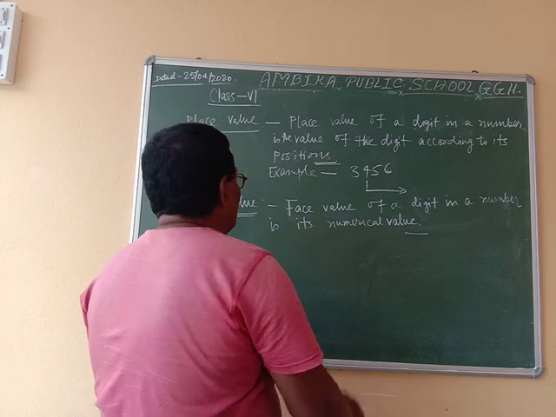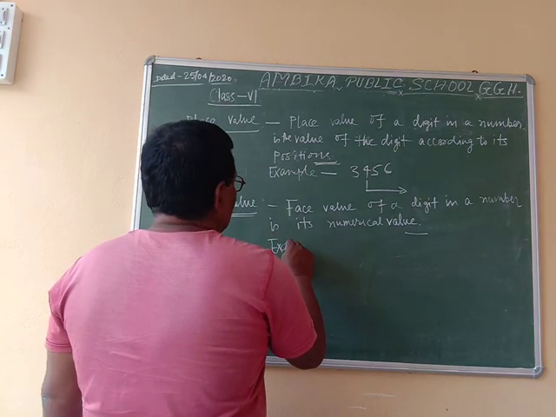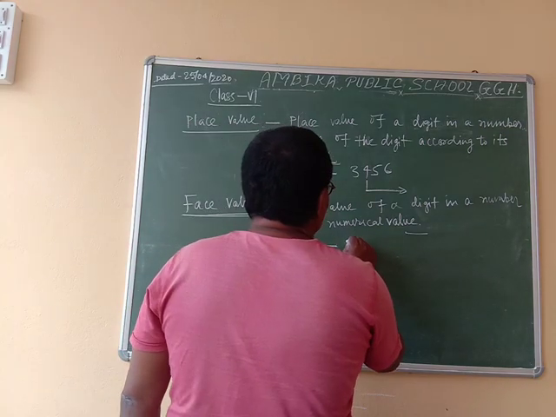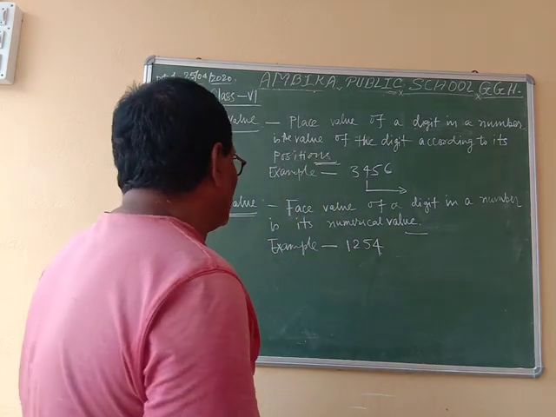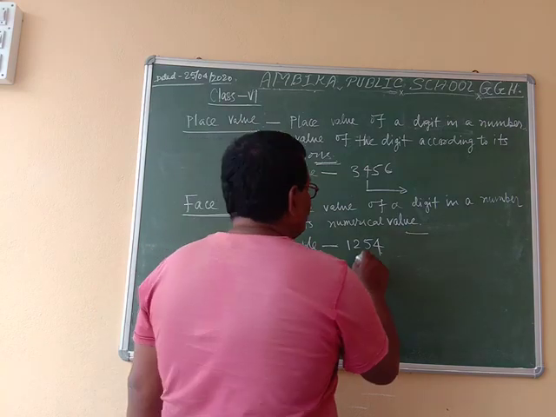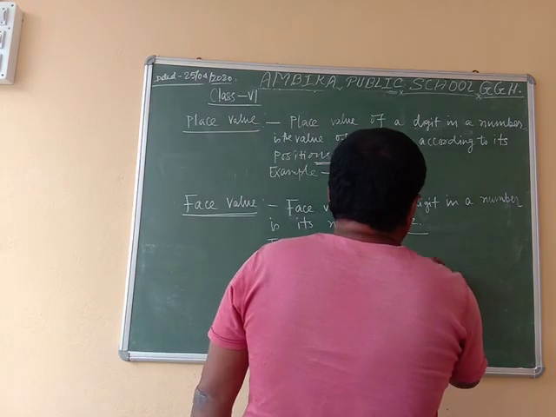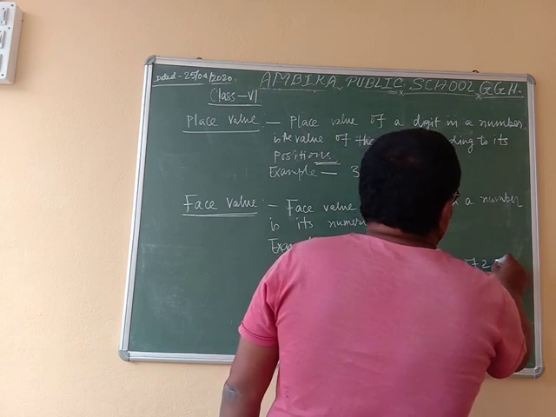And for example, if you have to find the face value of digit 2, face value of 2 is equal to 2.